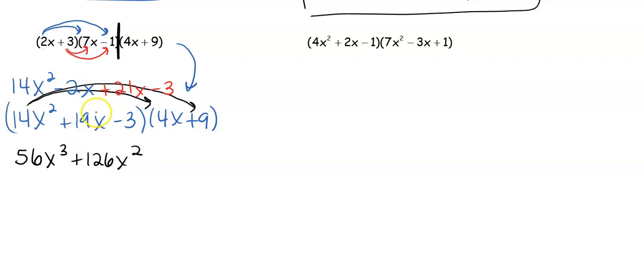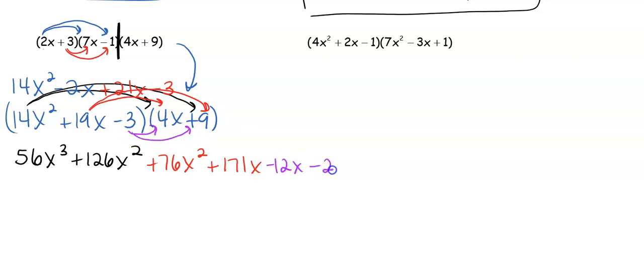Then I distribute the 19. 19x times 4x, that's 76x squared. 19 times 9, that's 171x. And then I distribute the negative 3. Negative 3 times 4, that's a negative 12x, minus 27.